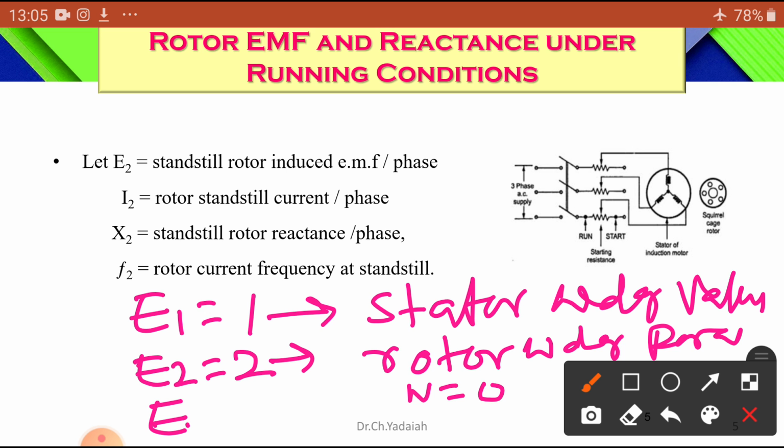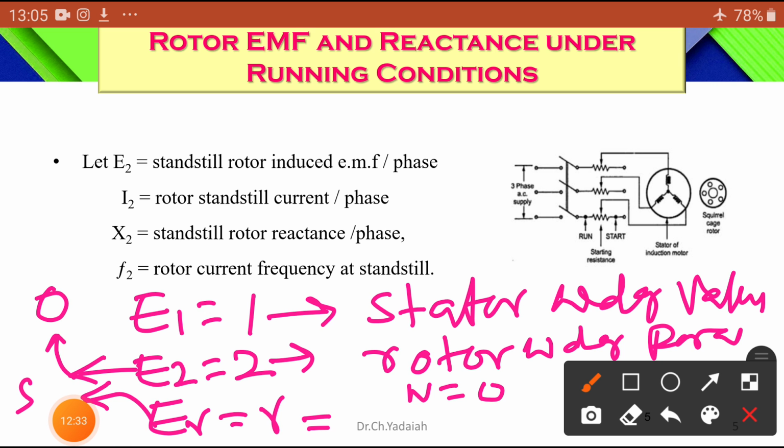Whereas ER is the rotor induced EMF at a speed, at slip speed S, indicated by R. This is the rotor speed 0 at starting, and this is the rotor at slip speed. Please do not confuse. These are the parameters you have to remember.